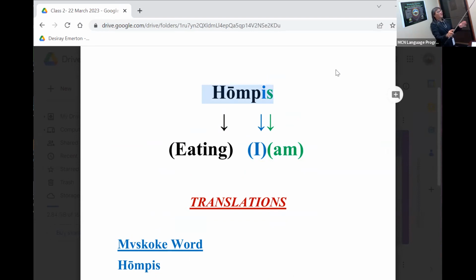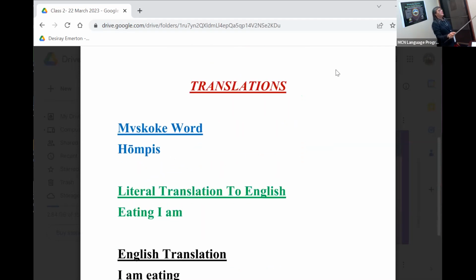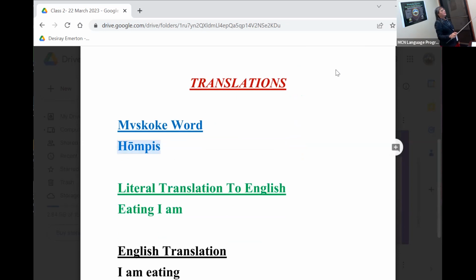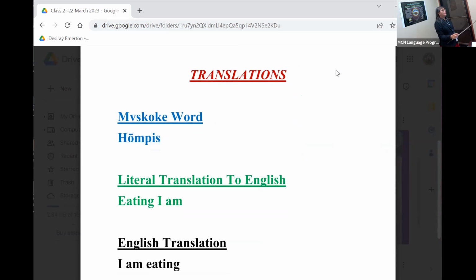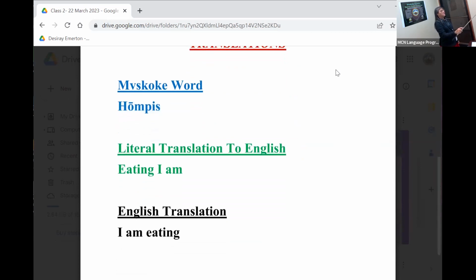Your declarative ending is am. So you can see that it literally translates to eating I am. So your Mvskoke sentence is really translated to eating I am. And then you translate it to English, I am eating.